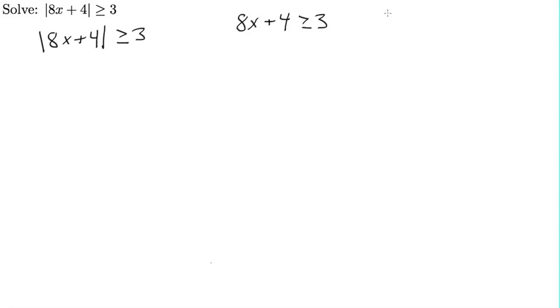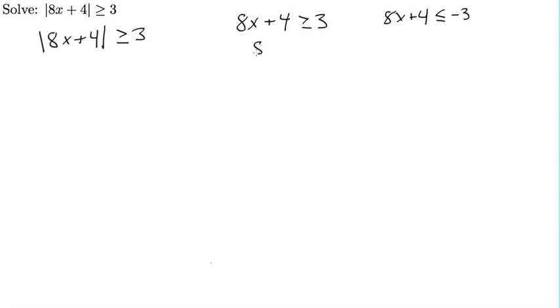The other inequality we need to solve, 8x plus 4 stays the same, but over here we're going to make this negative 3. When we change the sign of this, we need to change the direction of our inequality. So this single absolute value inequality, we can find the solution to by finding the solution to this inequality and this inequality.